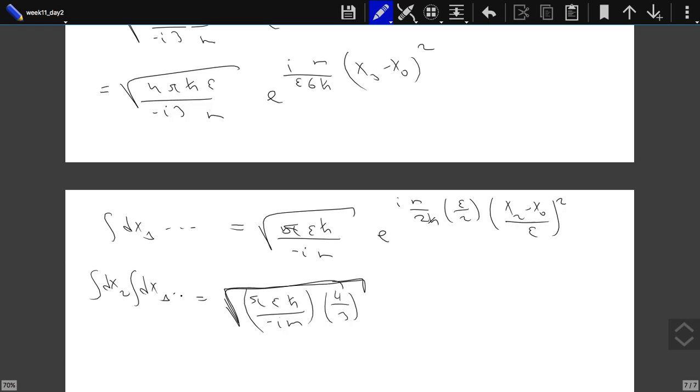And the exponent is e to the power i m over 2 h bar times epsilon over 3 times x3 minus x0 over epsilon squared. This is after the x2 integral.